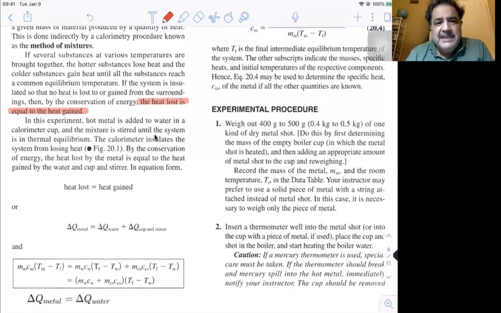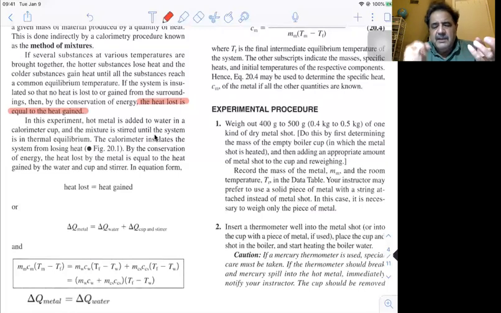So basically calorimetry is a way you heat one substance up and you have a cool substance. Typically, the cool substance is water, and the heated substance is some metal, aluminum or copper.